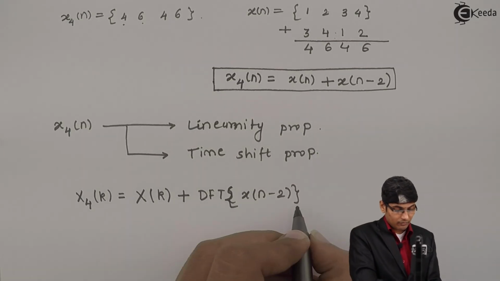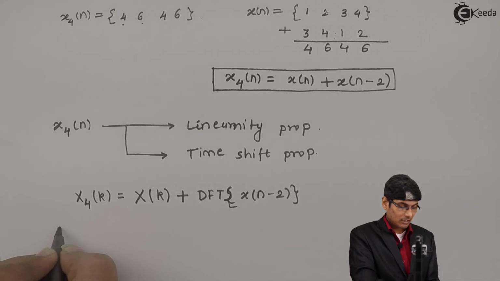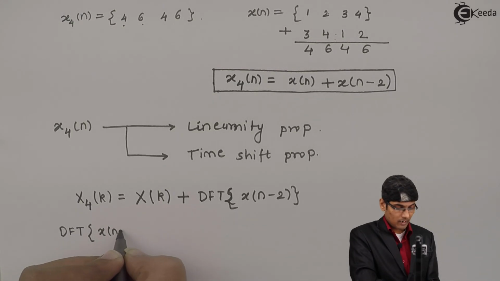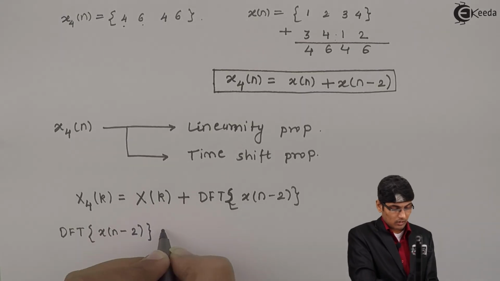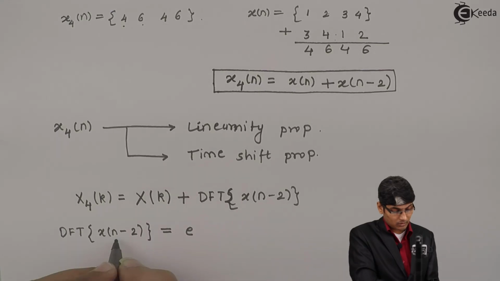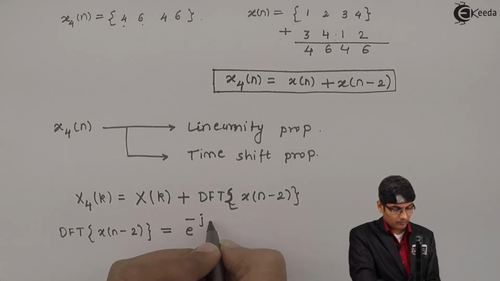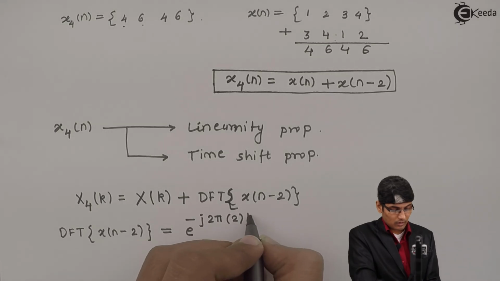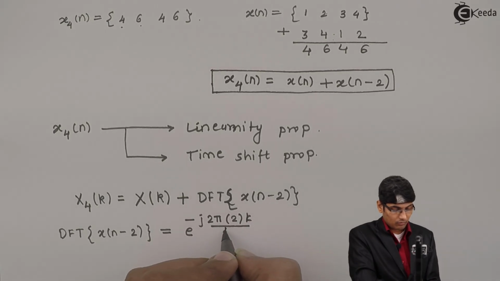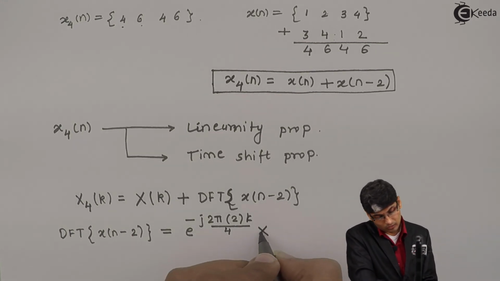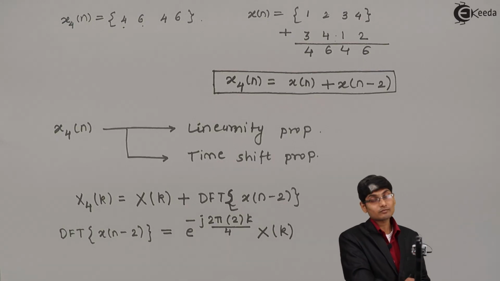Now, the DFT of x of n minus 2 is e raised to minus j 2 pi, where L over here is 2, k divided by 4, because it is a 4-point sequence x of k.